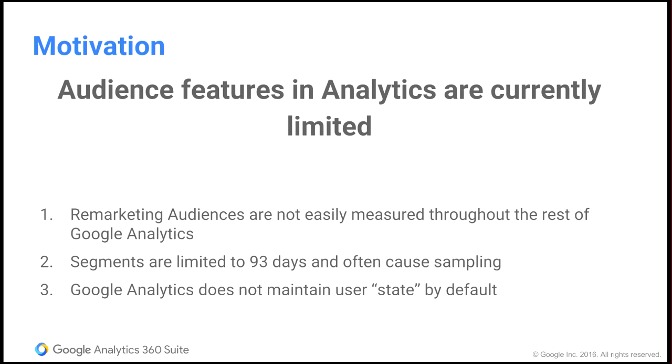The second limitation today is that segments are applied ad hoc and are limited by the reporting date range up to 93 days and often cause sampling. And the third is that even when we are using segments at their max, Google Analytics doesn't really do a great job of maintaining the user's state by default without custom implementations with dimensions.